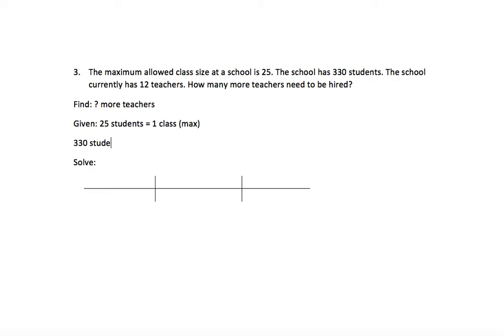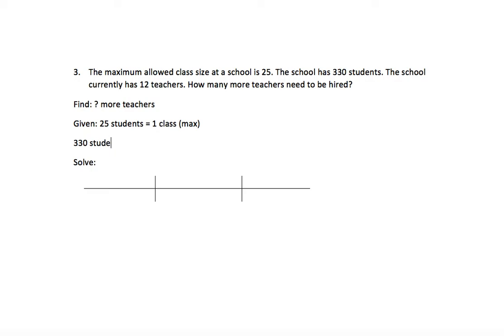And just to check, 14 classes times 25 students per class means we have enough space for 350 students. So we don't have too many students for the number of classes, and 13 classes times 25 would give us 325, and so that's definitely not enough, so it has to be 14 classes.